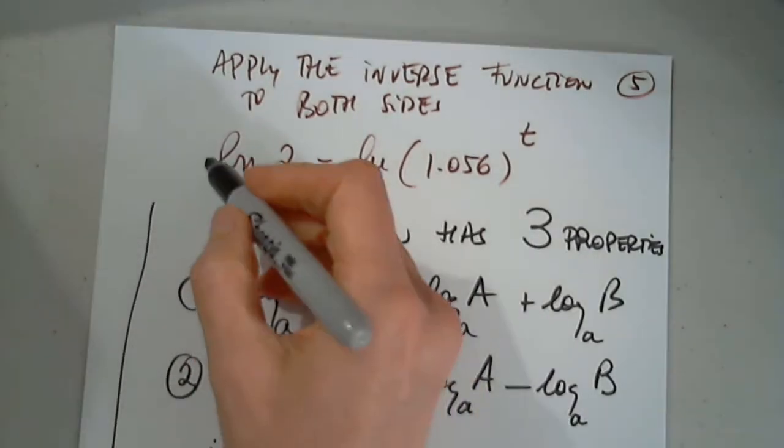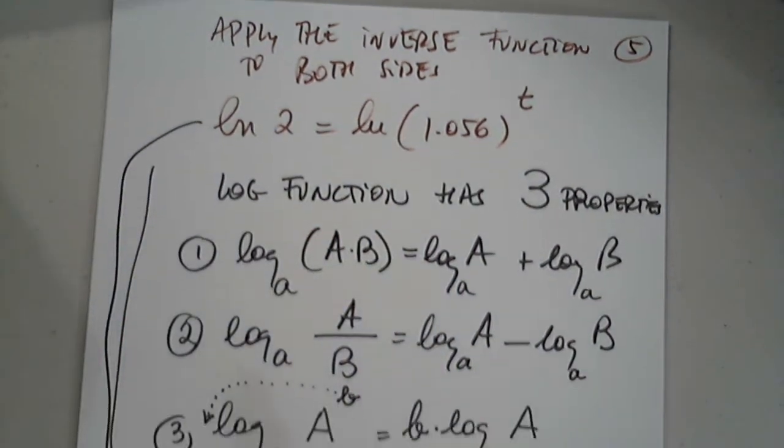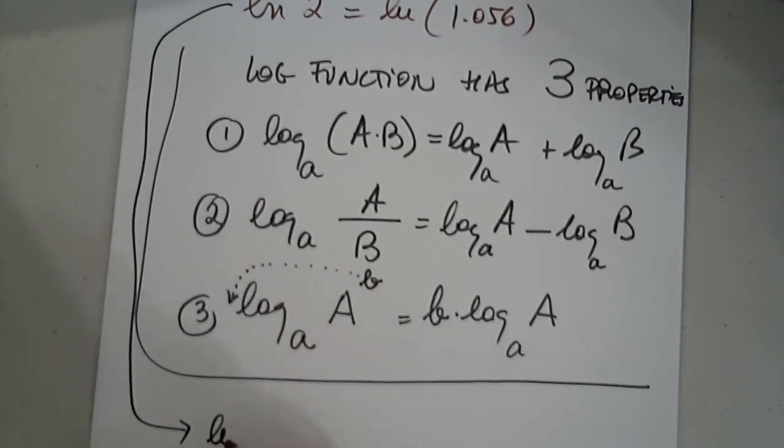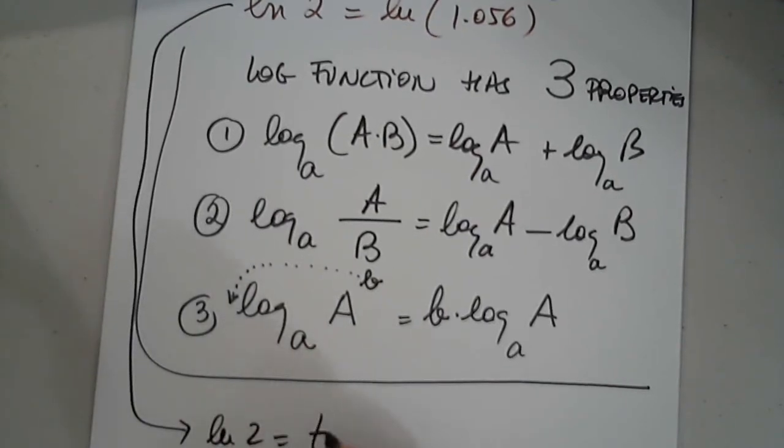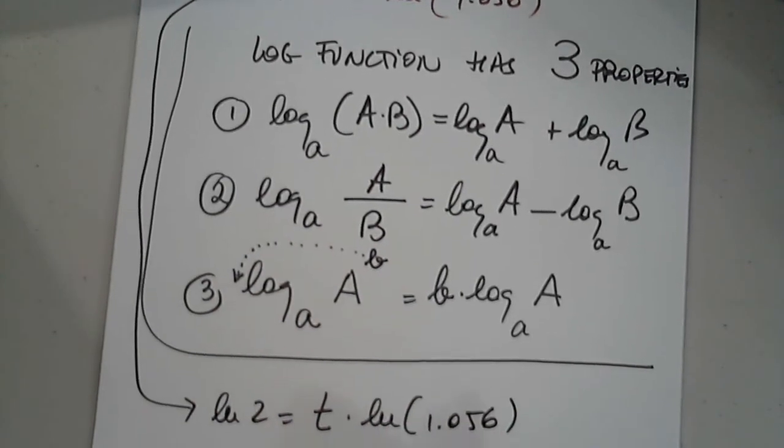So coming back to my problem here, I have that natural log 2 equals t times natural log of 1.056. Now all this is a linear equation. Only in a linear equation can I divide, and now I can divide.